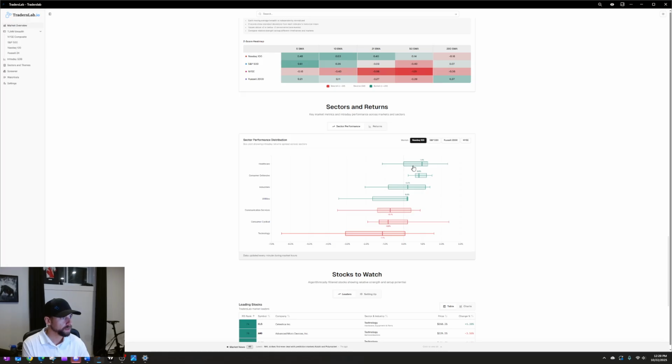This is a statistical distribution for each of the sectors, with the bar extremes being the outliers, the biggest movers, and then the box is kind of the median price, and you have half of the median movers at the extreme of the box. I'm not fully aware yet exactly how to fully use it.